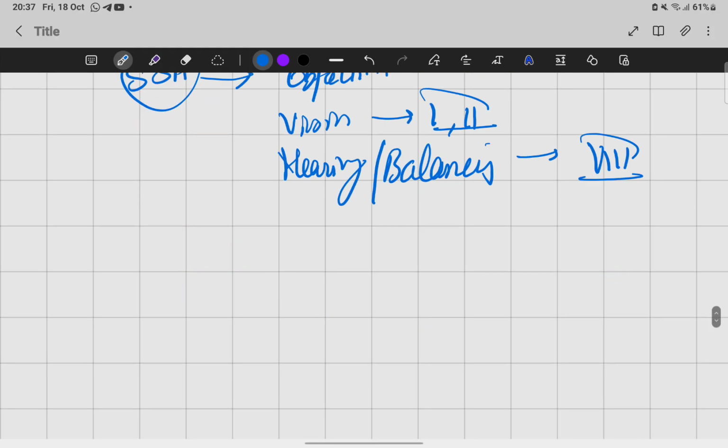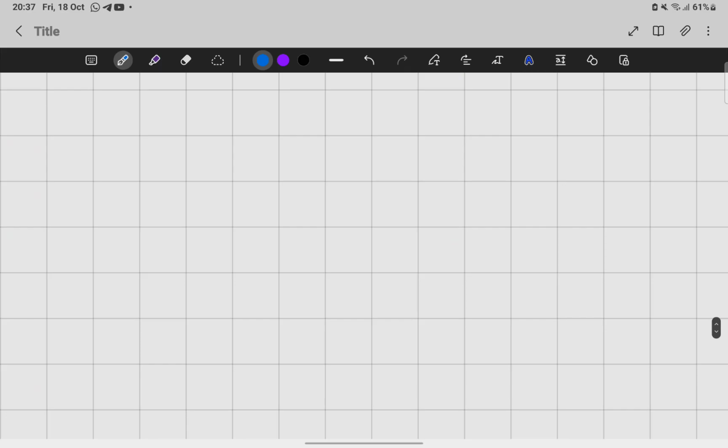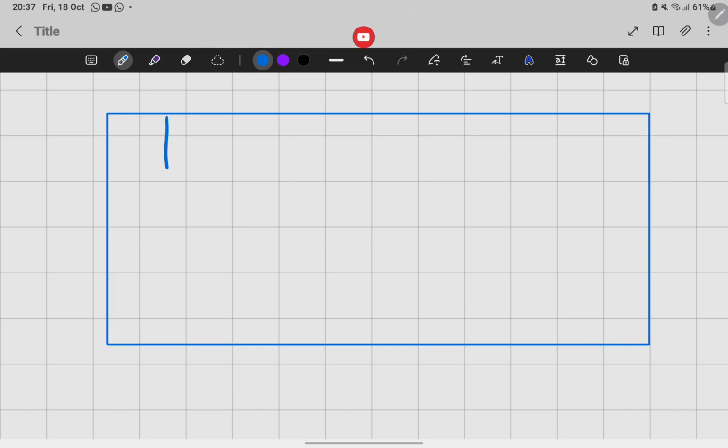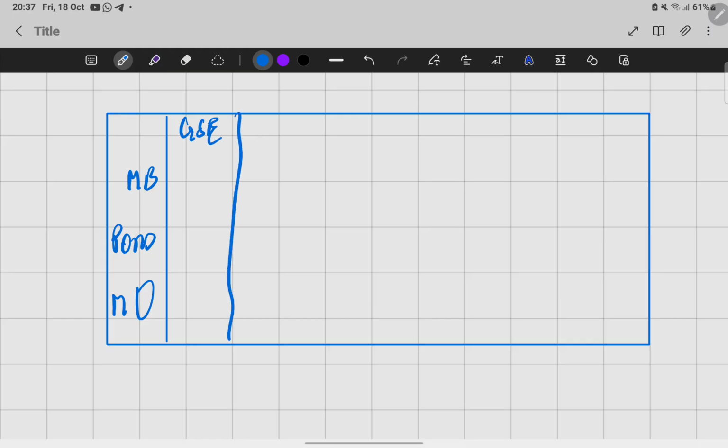Now I will draw a very important chart. Everyone must draw it. Here we have midbrain, pons, medulla oblongata. GSE, then SVE, then GVE.